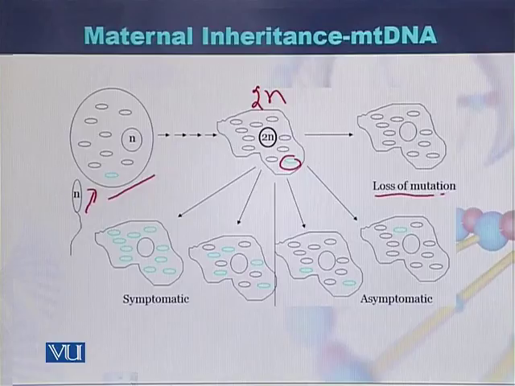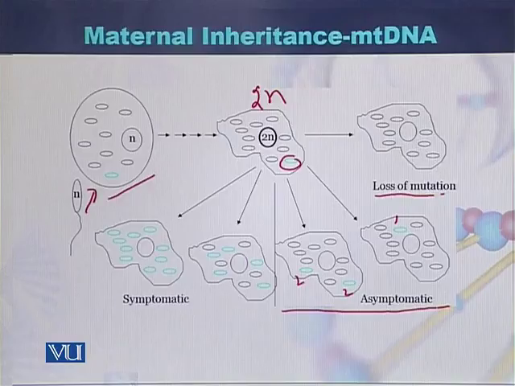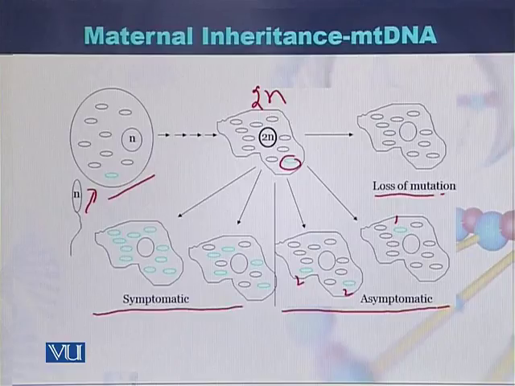So within these two individuals there can be a single cell. Here we can see a single cell, and here we can see two copies of the mitochondria. If there are few copies of the mutated mitochondrial DNA, the individuals would be asymptomatic, while those individuals that have multiple copies of the mitochondria that have a mutation would be symptomatic.